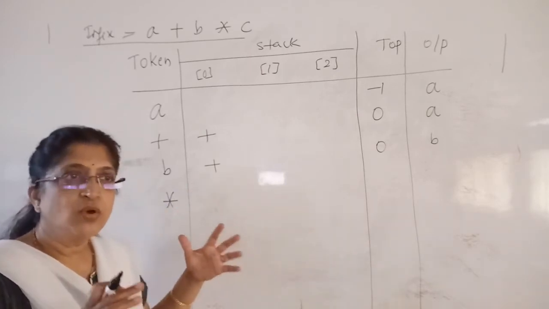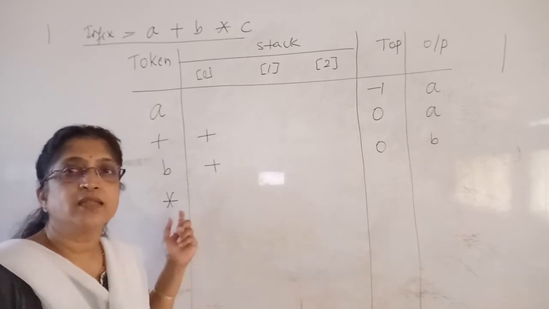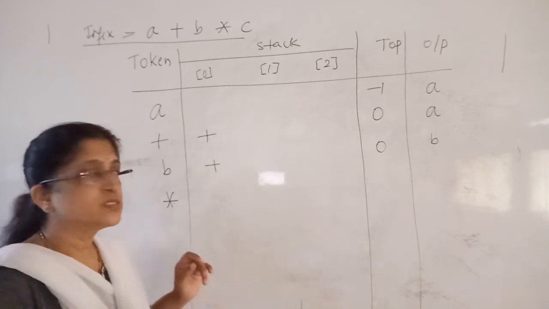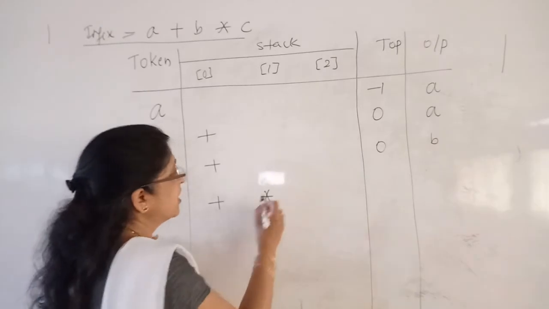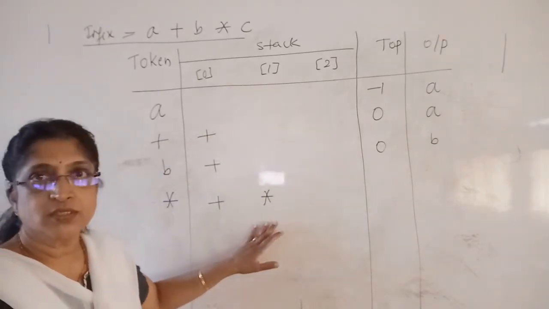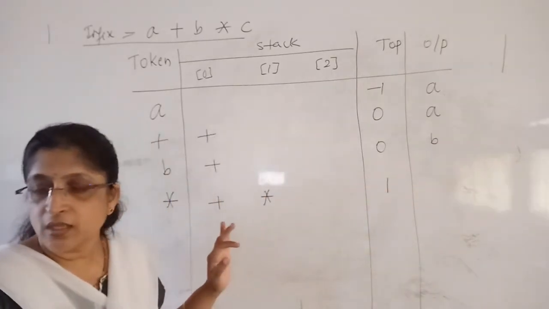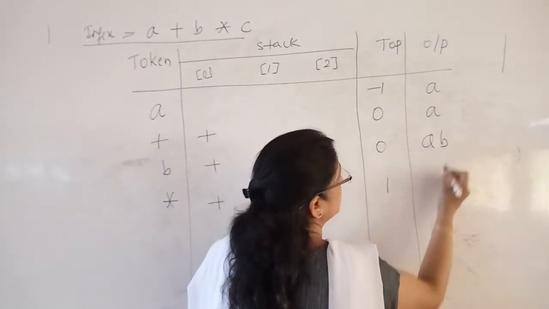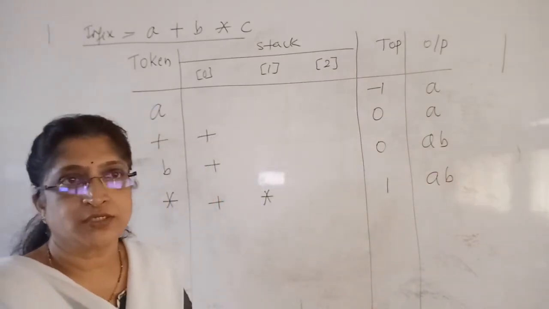On the stack you have an operator with a lower priority than star, so push star also to the stack. Now we push star at position 1 of the stack. Stack top is 1, and the output is AB only, so the output has not changed.